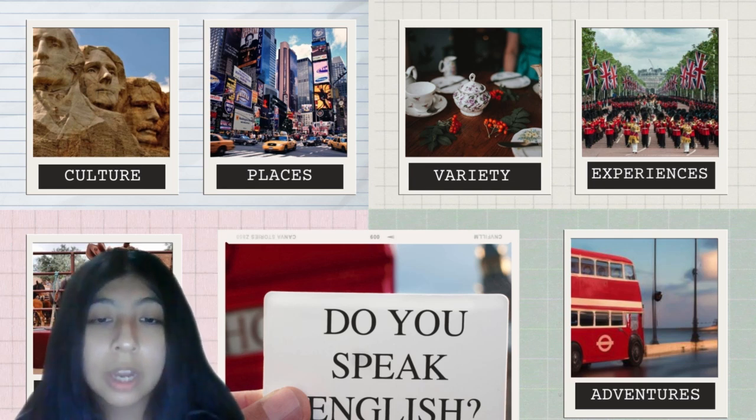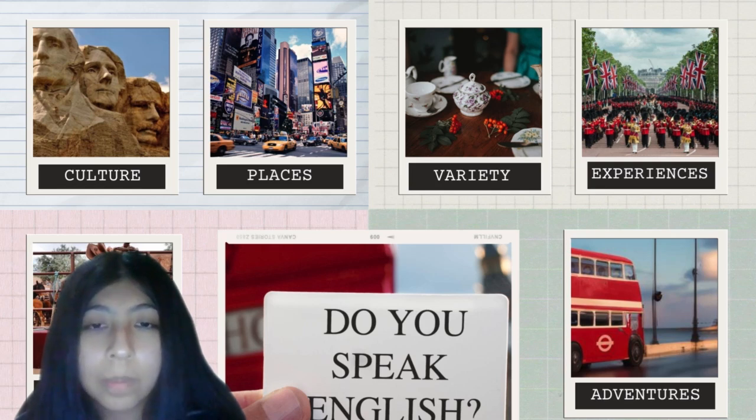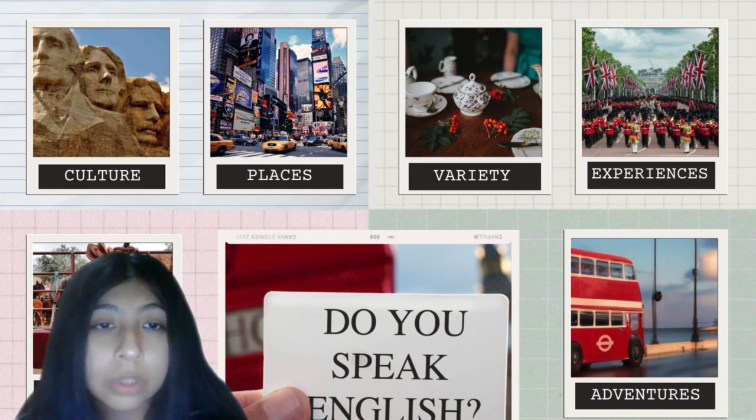So understanding and respecting these different varieties not only helps to preserve and enrich the English language worldwide, but also makes the experience of using a different type of English enjoyable.